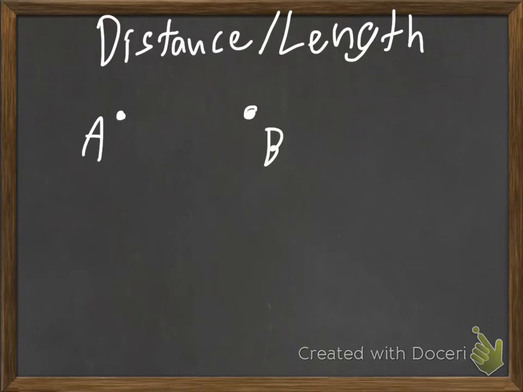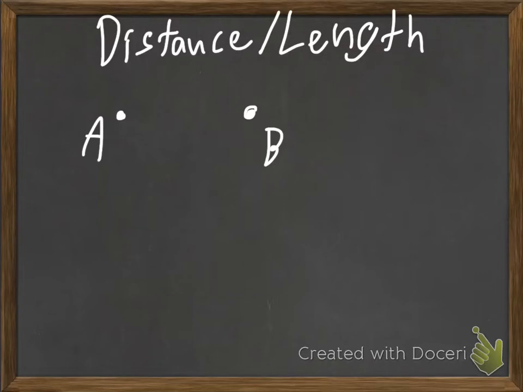Now let's talk about distance and length. Here we have point A, and over here we have point B. We have two different points. Well, what's the distance between them? What's the best way to find the distance? Would we do something like this? Probably not. That's not the fastest way because we went up and down.